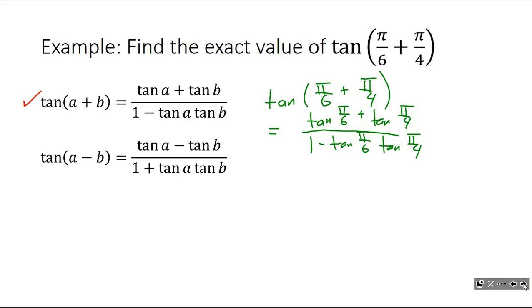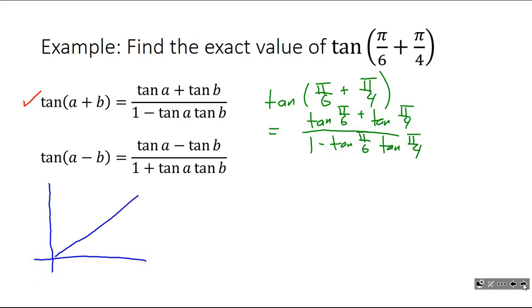Now, even though you know your unit circle, the tangents aren't quite as quick to read off, because the tangent on the unit circle is a y value over the x value. So I'd like to do a little sketch over here, on the left-hand side, just to help us organize our thoughts a bit. Certainly to help me organize mine. We have pi over 4. We know that that's the same as a 45-degree angle.